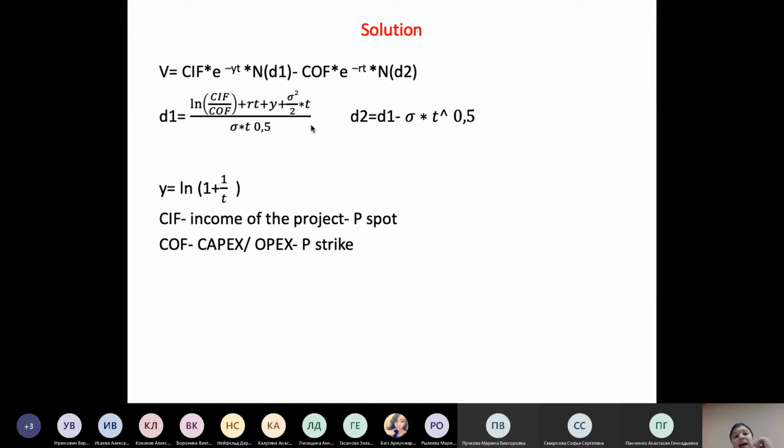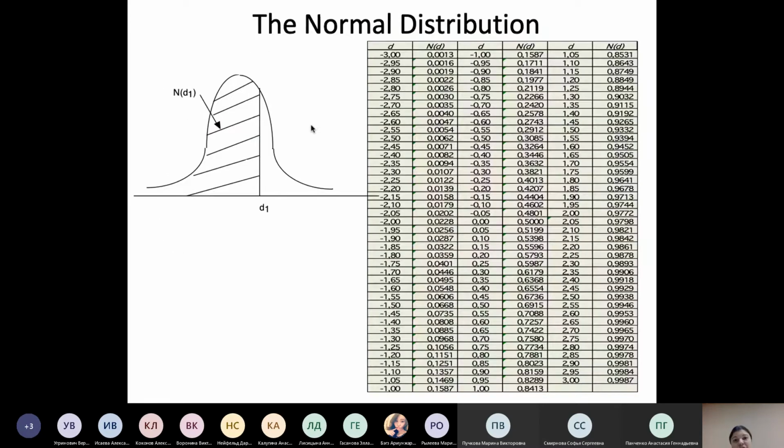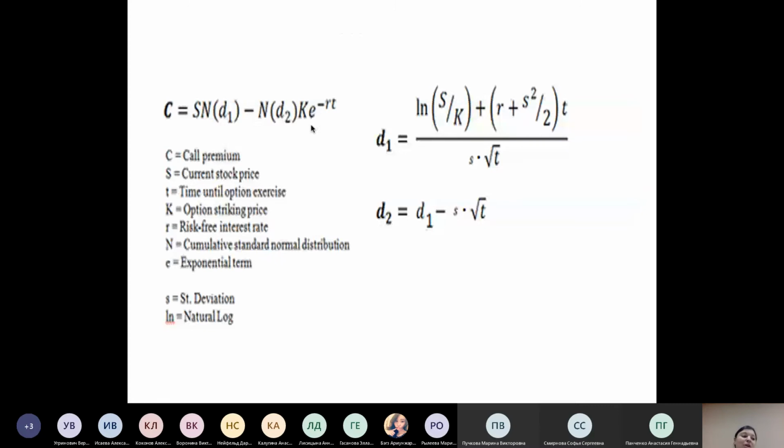First of all, let's start with the formula for our option, and then we return to the conditions. To tell the truth, in our real option valuation, this formula will be transformed to the conditions of our investment project.